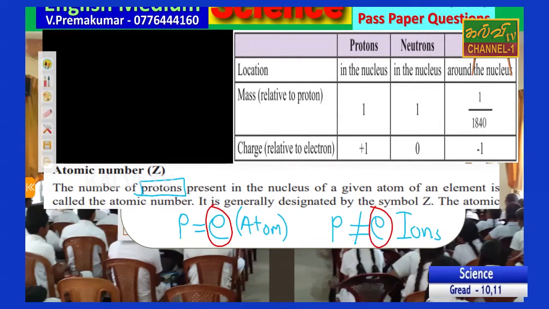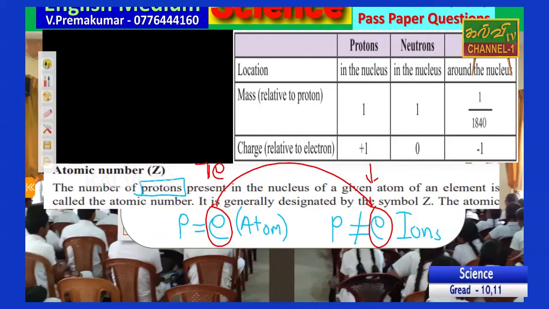Atoms and ions can change. So from atom to ion, electrons can increase or decrease. If the last shell has 1 electron, it can lose it and decrease the electrons.